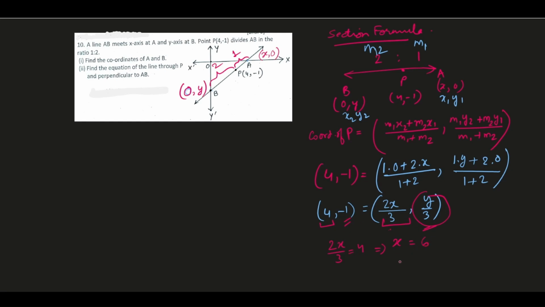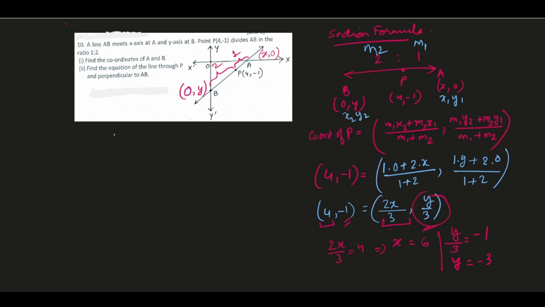Similarly, y by 3 is equal to -1. So y becomes -3. So in this way, we get the value of x and y.